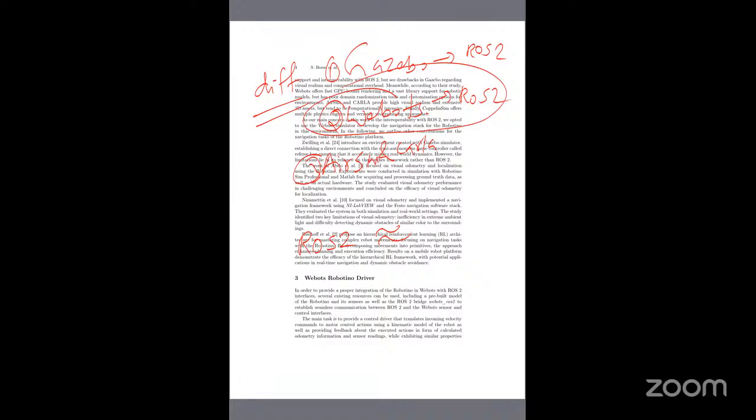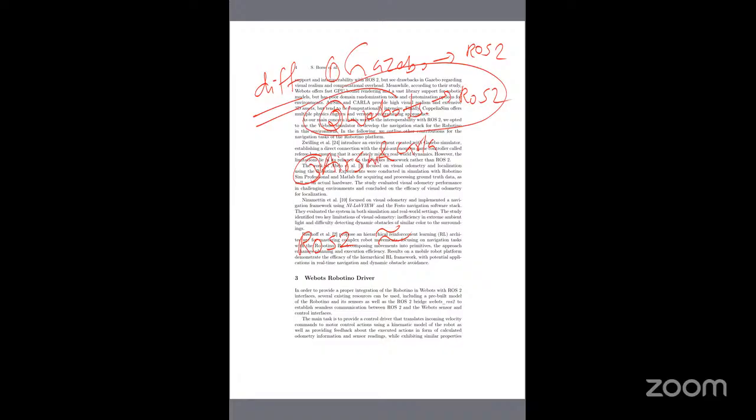Dynamic obstacles: if the object has a color similar to the environment, the camera will not be able to identify the object. So using only visual odometry is not at all a good idea because of this disadvantage.